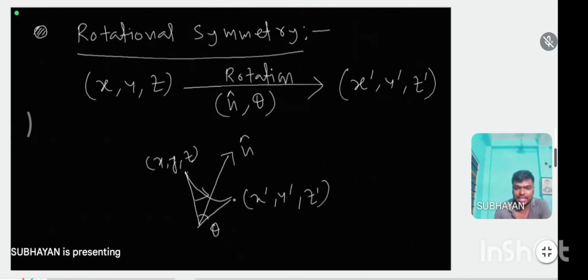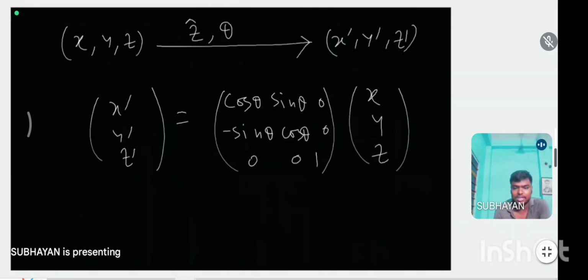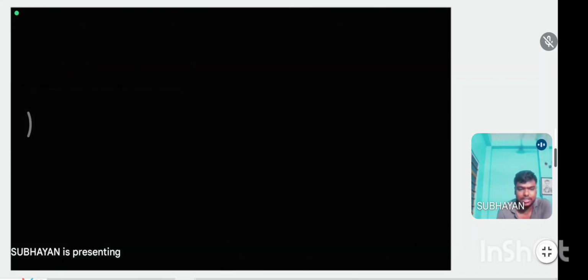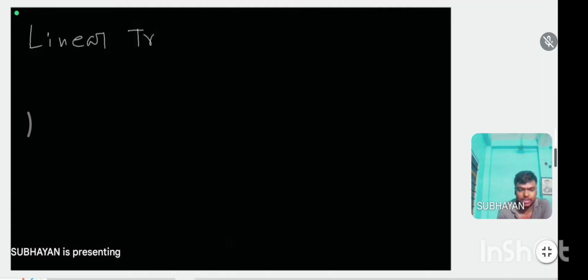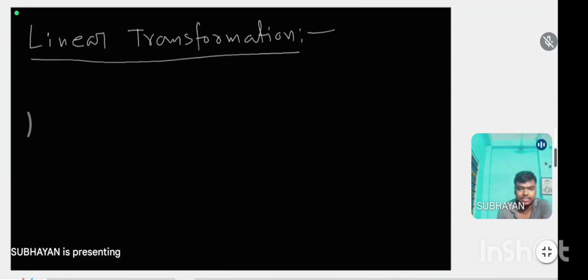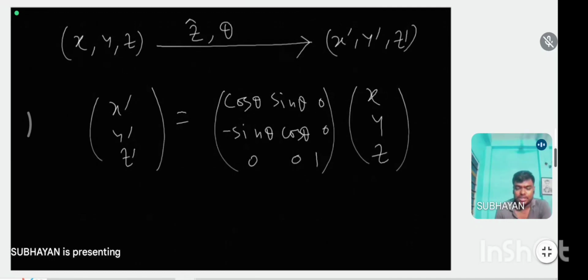But in general, this is a linear transformation. Coordinate transformation under rotation is basically a linear transformation, because for any linear transformation you can define the linear transformation matrix.